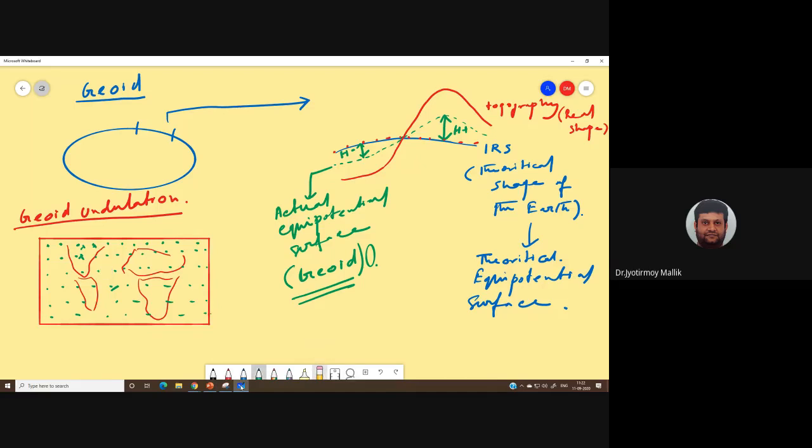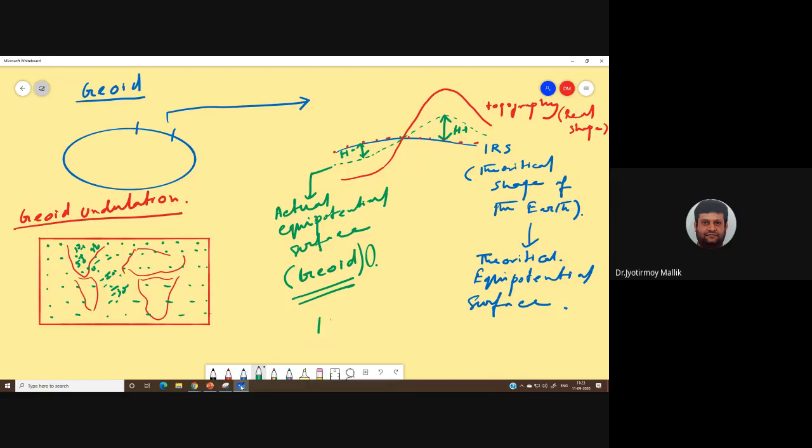And then they will, of course, have a value. Maybe here it is 50, here it is 40, here 30. Somewhere it will be 0 as well. And then here it is, suppose, minus 20, minus 30, and so on and so forth.